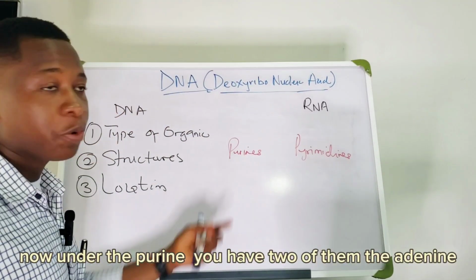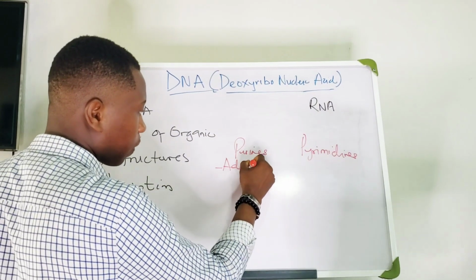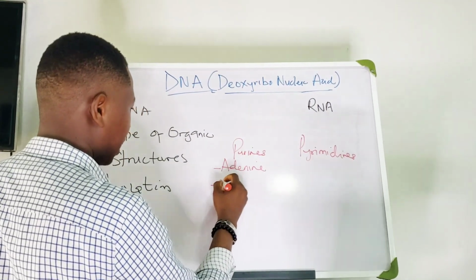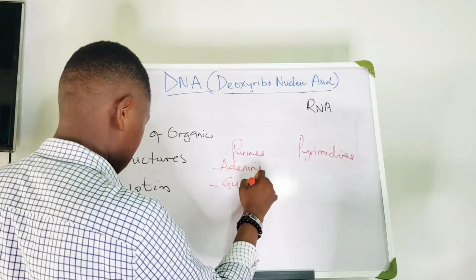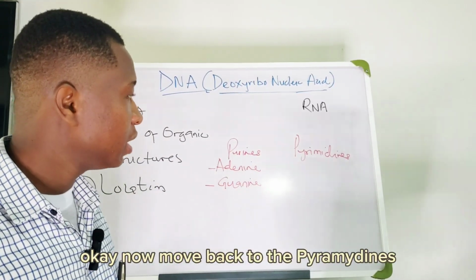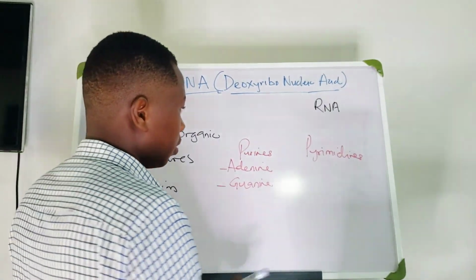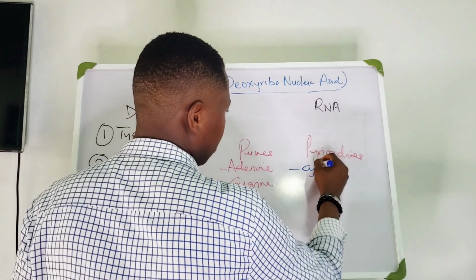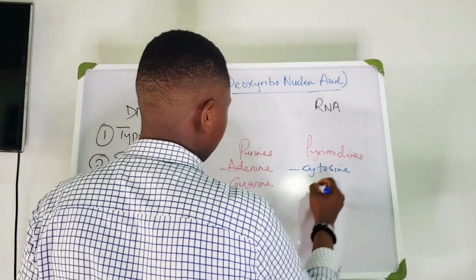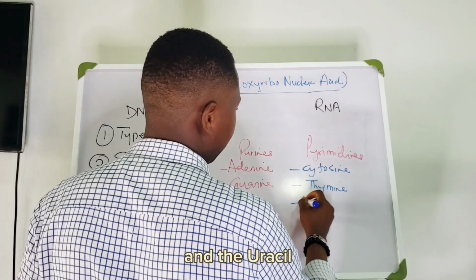Alright, now under the purines, we have 2 of them: the adenine and the guanine. Okay, now move over to the pyrimidines. For the pyrimidines, we have 3 of them. They are the cytosine, the thymine, and the uracil.